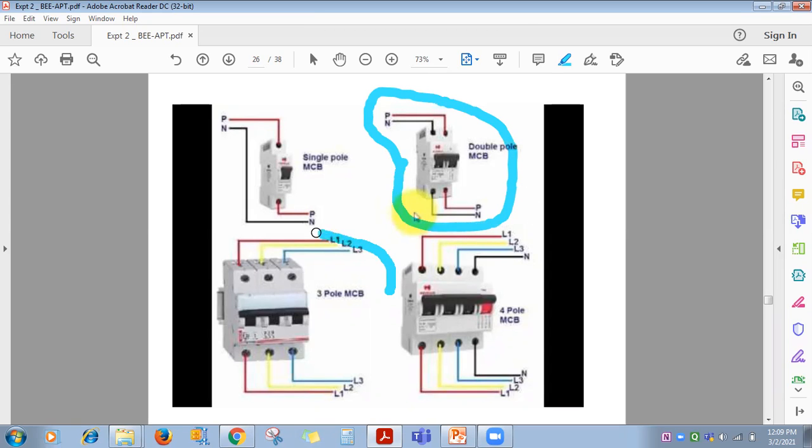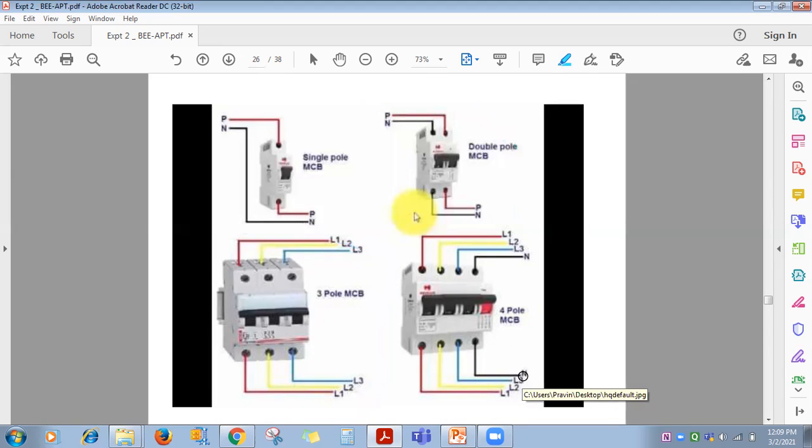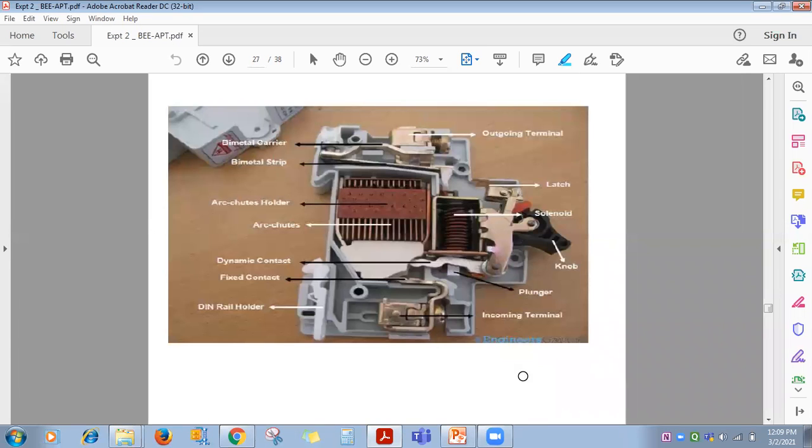The third one is for R, Y, B, so it's a 3-pole MCB. The fourth one is for R, Y, B and neutral, so a 4-pole MCB. As per requirement, you will find either single pole, double pole, triple pole, or 4-pole MCBs used. Now we are going to see the construction of the MCB.